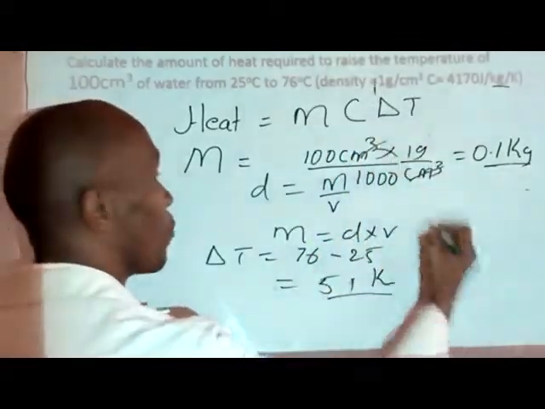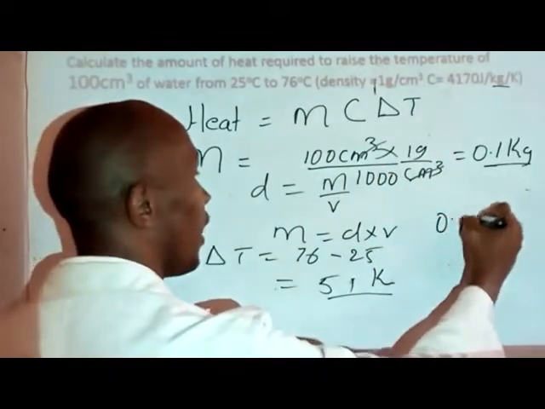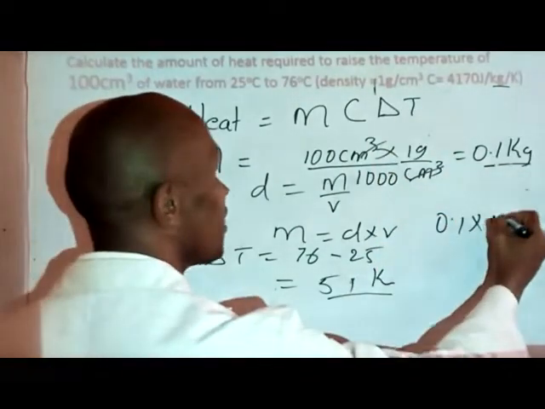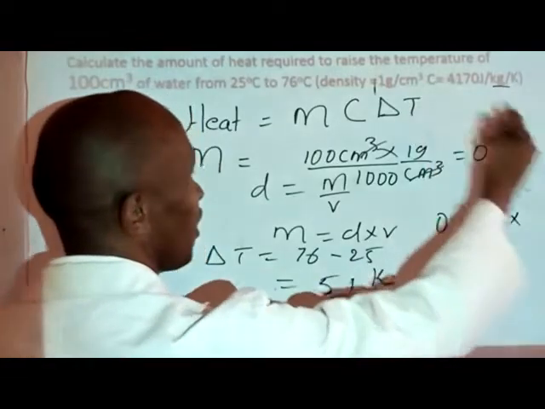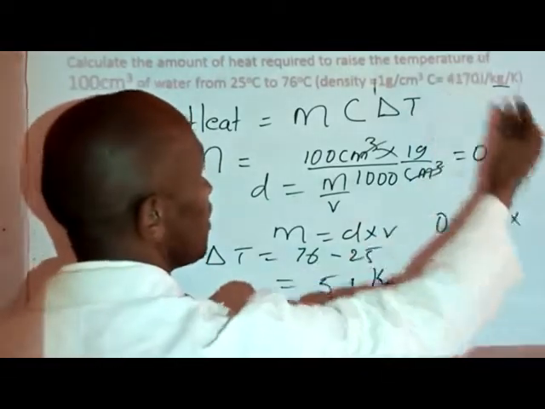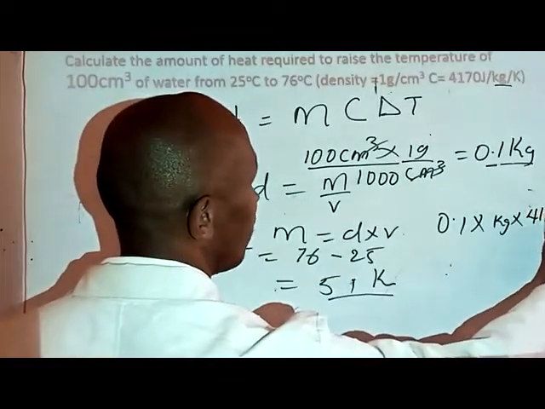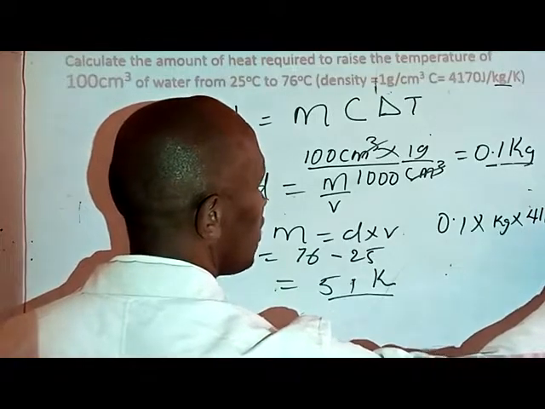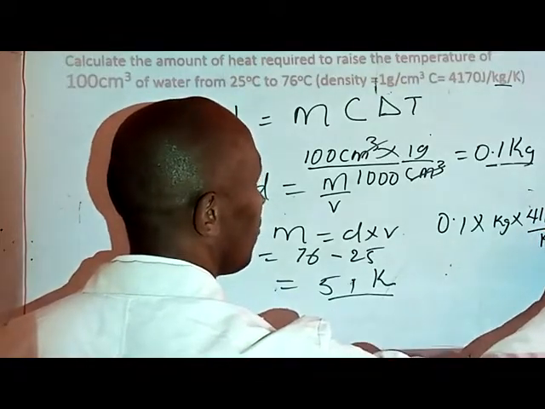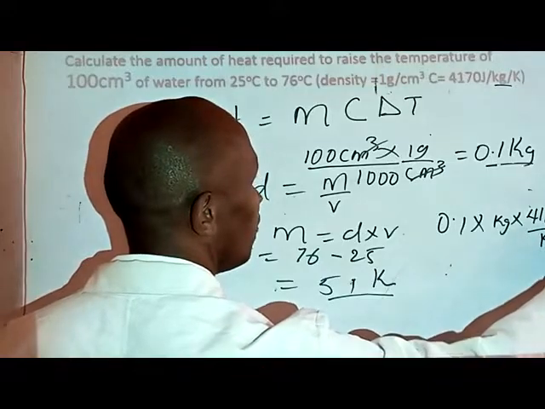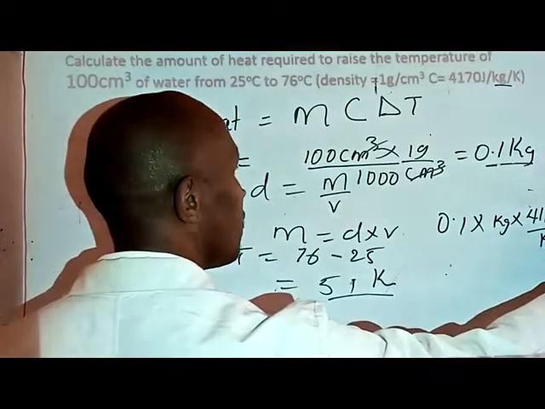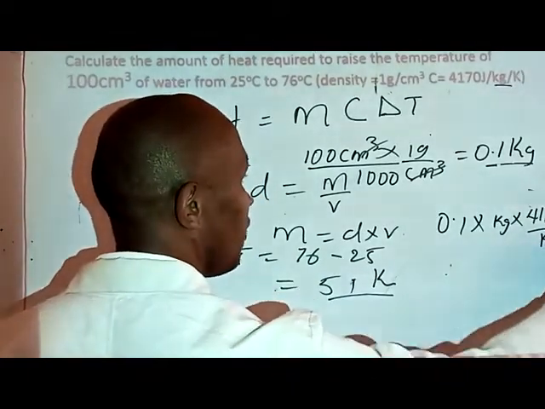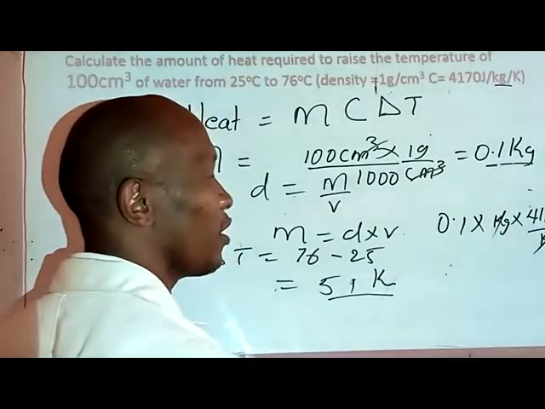So applying this expression, m is 0.1, that is kilograms, times what is this? 4170 joules per kilogram per Kelvin. Multiply that by 51 Kelvin. The Kelvin and Kelvin cancel, the kilogram and kilogram cancel.